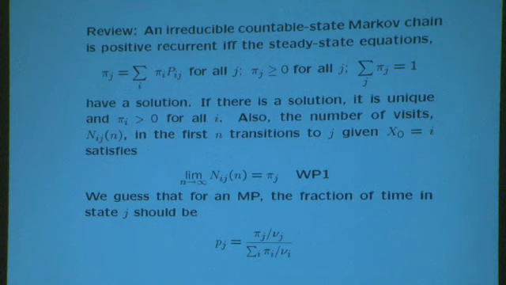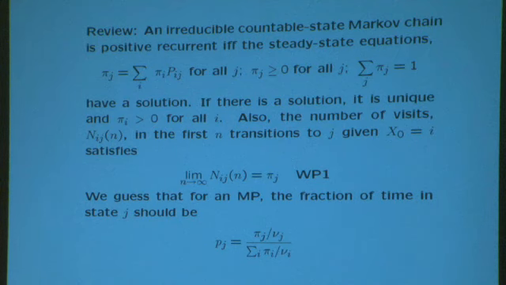N sub i j of n is the number of times we hit j in the first n trials, and we found out that the limit, I always do this, please take that n sub i j of n and write 1 over n times n sub i j of n is equal to pi j. You all know that. I know it too. I don't know why. It always gets left off of my slides.